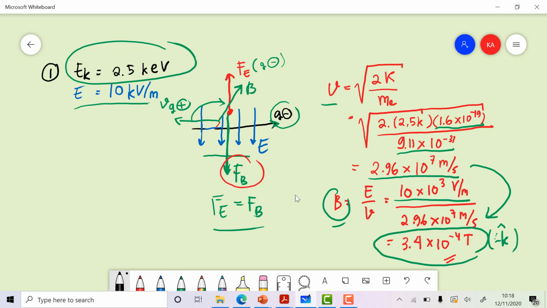Inside the paper is the cross, like this. This is the direction of B. Okay, I hope this explanation of question number one is clear. Thank you.